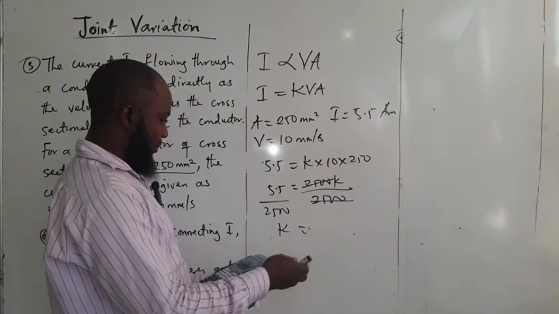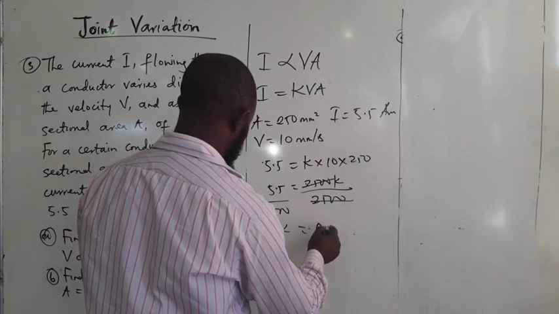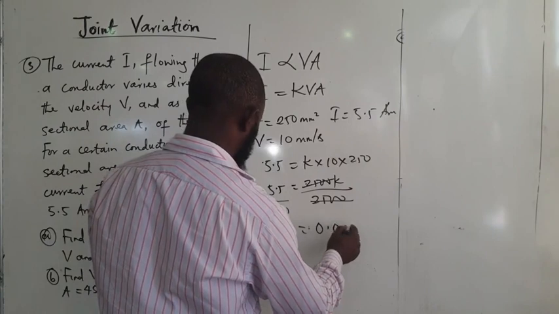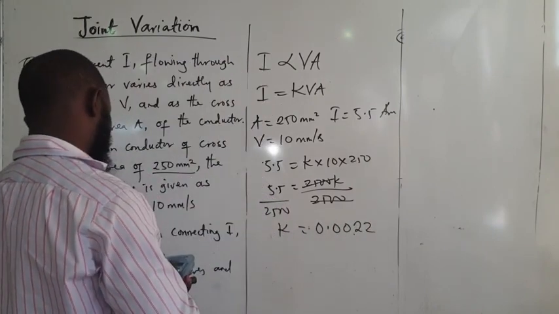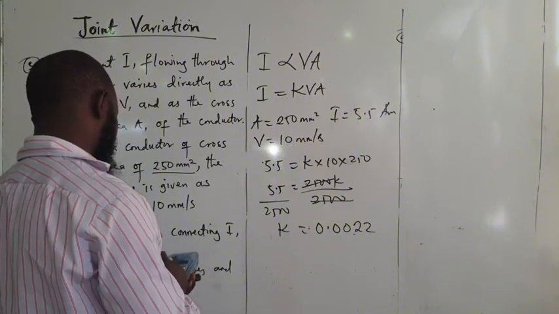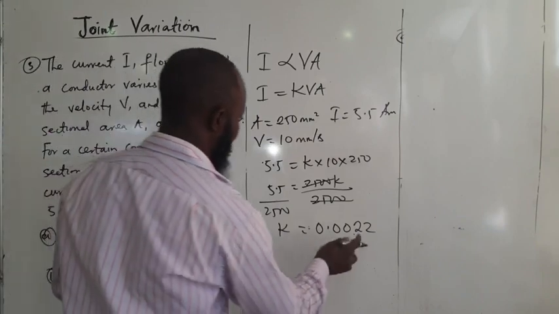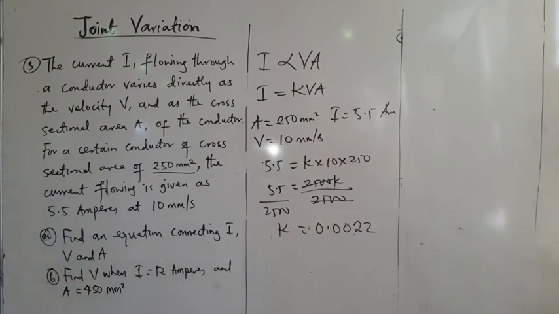And that gives 0.0022. Alright, so that is that. Is that clear? So the value of the constant is 0.0022.